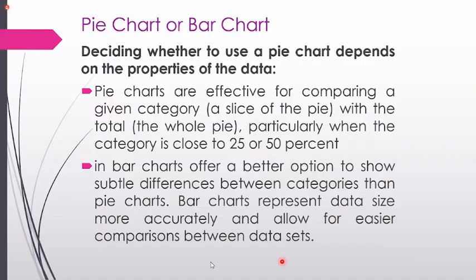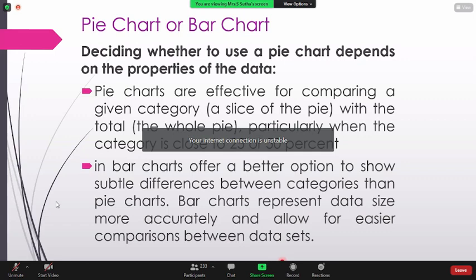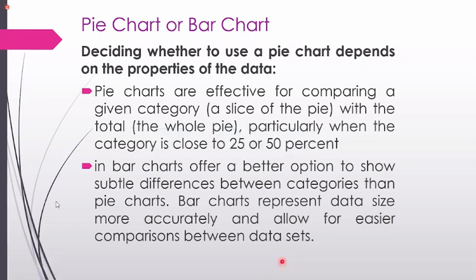Pie chart or bar chart represent a categorical or qualitative variable. For the graphical form, you have two options, pie chart and bar chart. Now you have to decide which to use. It depends on the properties of the data.